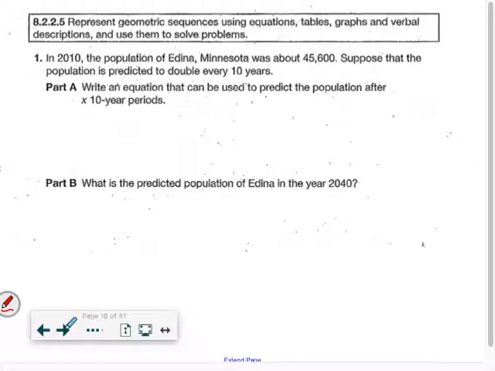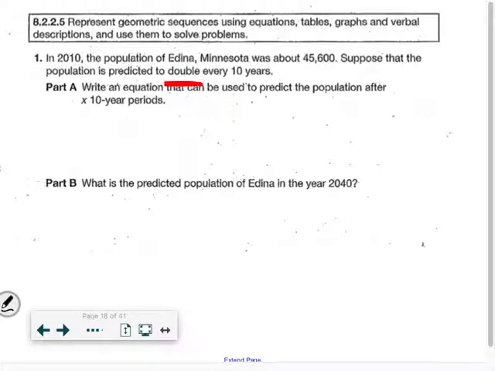Suppose that the population is predicted to double every 10 years. Write an equation that can be used to predict the population after x 10-year periods. Okay, so this is a geometric sequence because it's talking about doubling, and doubling means multiplied by 2.